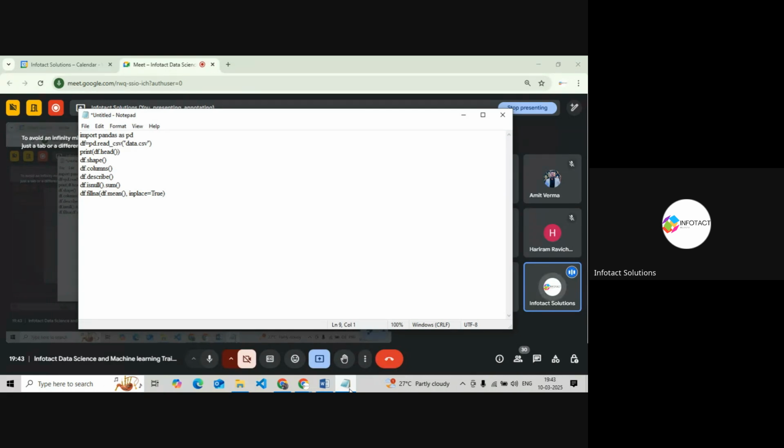And to drop, df.dropna and inplace=True. Right, everyone? To handle the duplicate data, df.drop_duplicates with inplace=True. Then how to handle the categorical data? pd.get_dummies. Okay. Then we are using Python for data visualization with Matplotlib and Seaborn. How to visualize it?